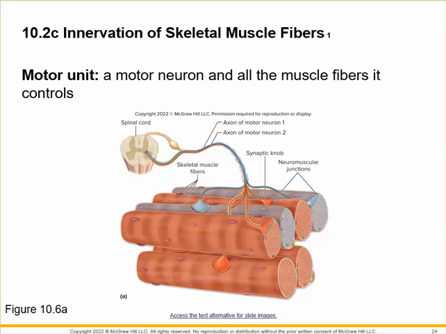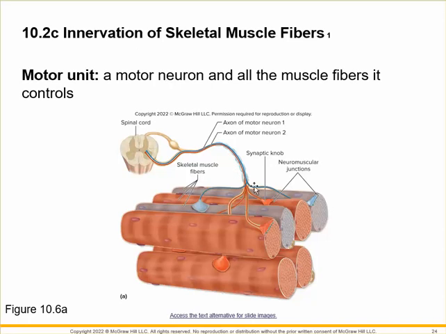Functionally, the motor unit, all the muscle fibers contract simultaneously. So they work as a unit. In this particular picture, these four fibers are all innervated by motor neuron 2 here.